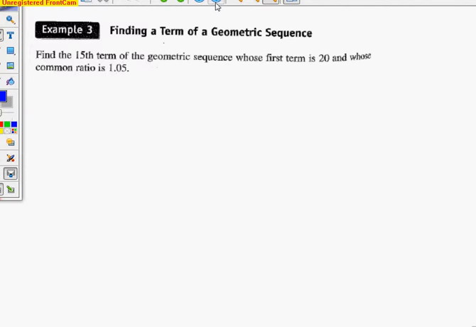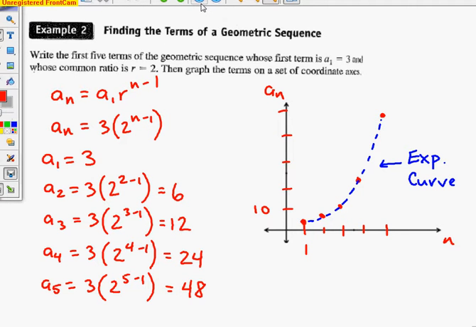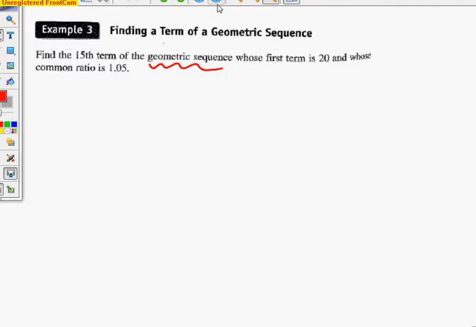Find the 15th term of the geometric sequence. So I suppose, back in this problem, we should understand when it tells us geometric sequence what that means, right? Whose first term is 20 and whose common ratio is 1.05. So here, the first term is 20, and the common ratio is 1.05.